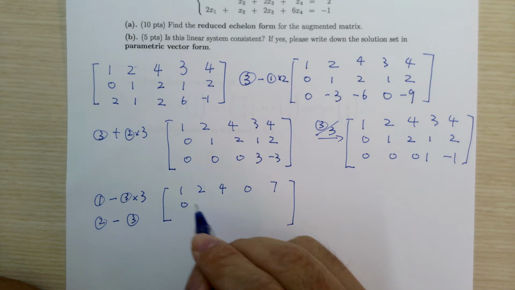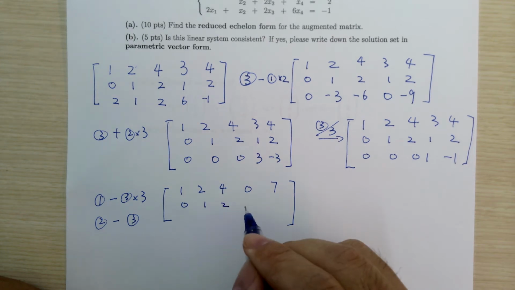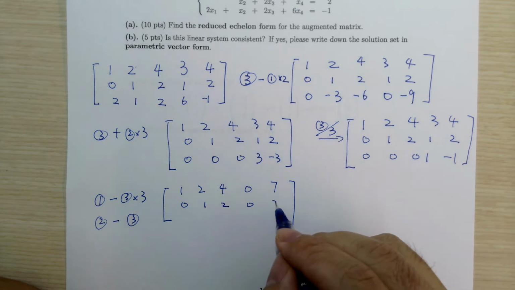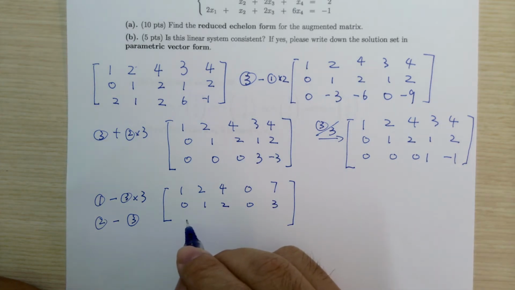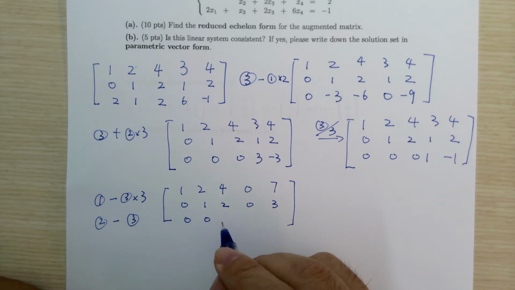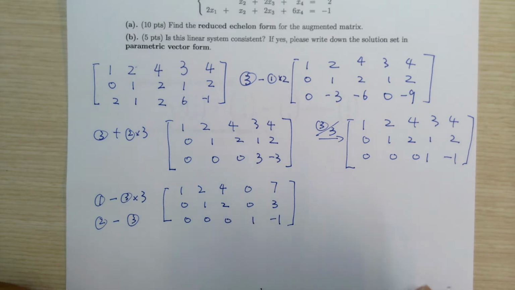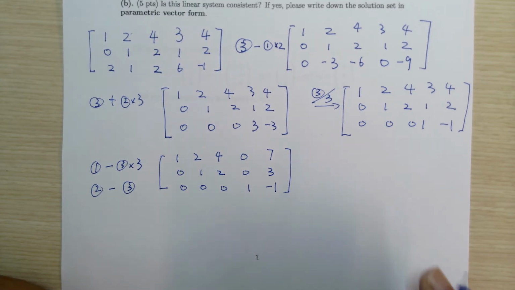So it's going to be 0, 1, 2, 0. This part minus this is going to give us a 3. And then I still have 0, 0, 0, 1, negative 1.